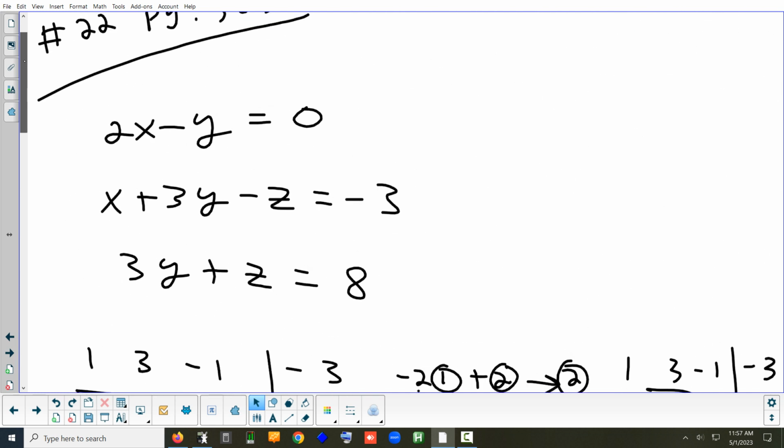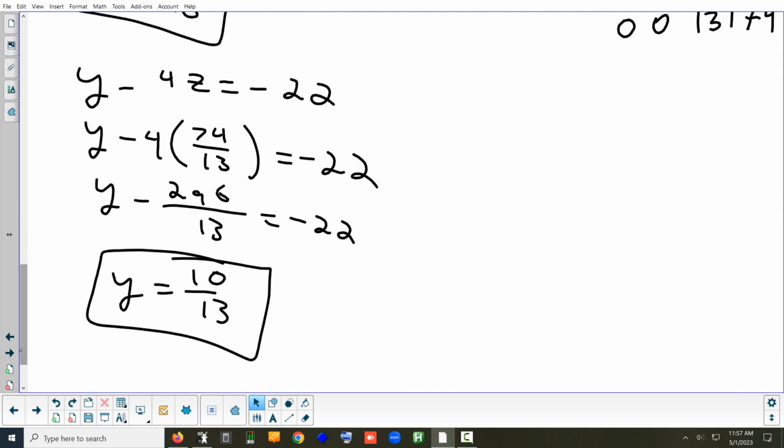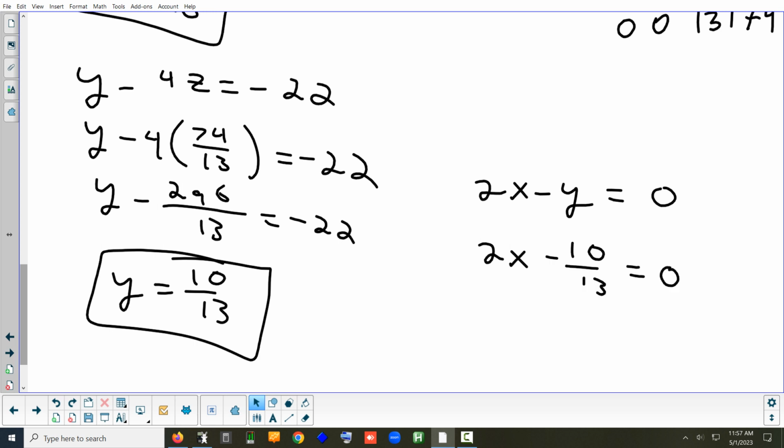All right, and then x, I would definitely say the top one, 2x minus y equals 0. That's probably the easiest. Actually, it's not going to be bad at all. So y is negative 10 thirteenths. So what does 2x equal?